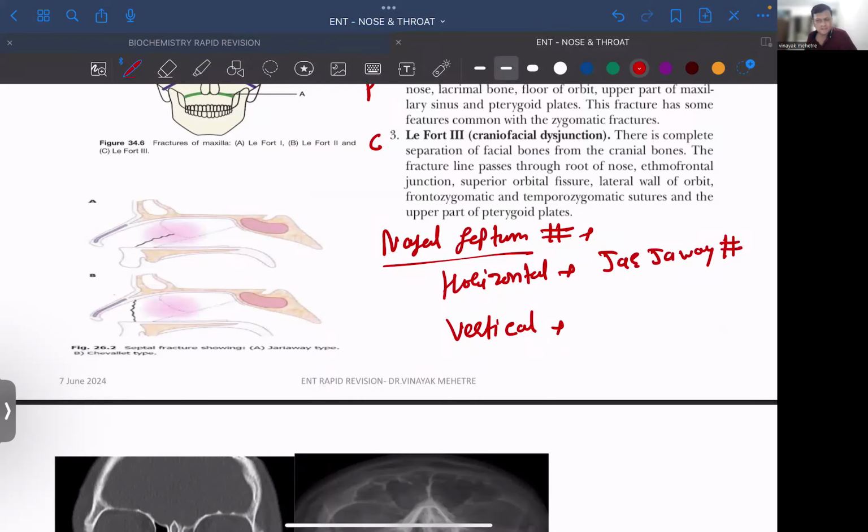And second one is Chevallet. How to remember? Remember one, second one will be easy. V goes with V. Okay. That is Chevallet. V is vertical, the other name is the opposite.